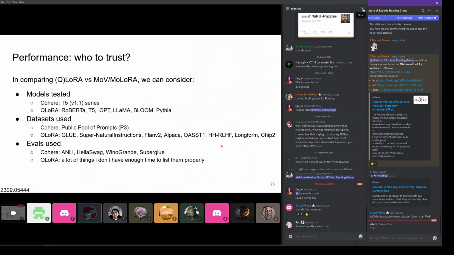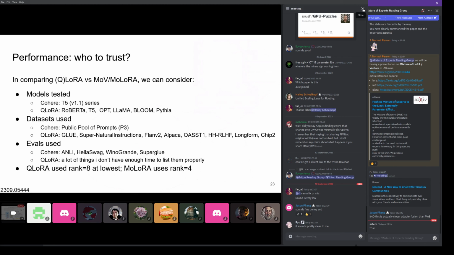And QLoRA also has a lot of evals, and not just traditional evals in numeric form, but also a lot of handwritten, explicit analyses of individual examples that come out from the model, and it's not very easy for me to describe them.